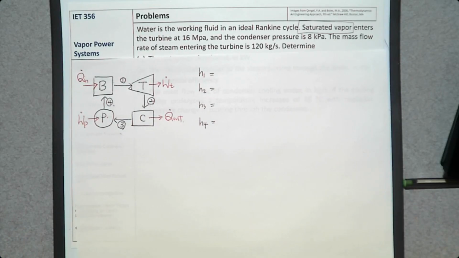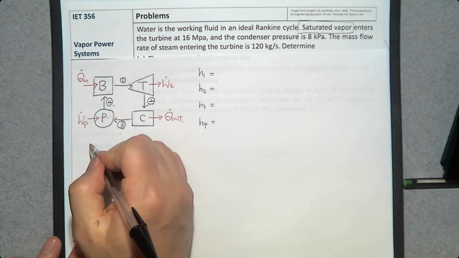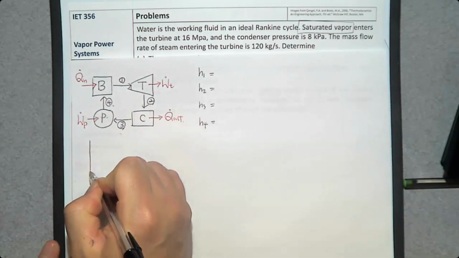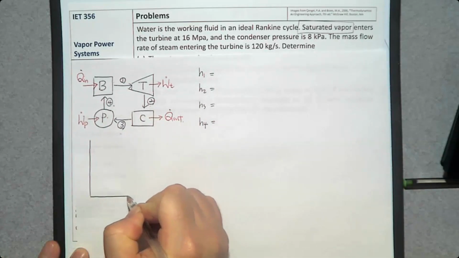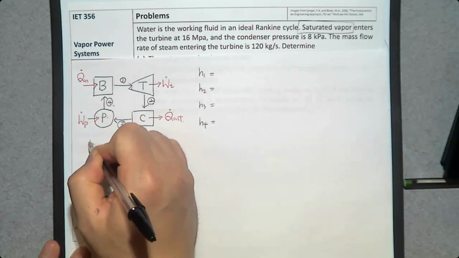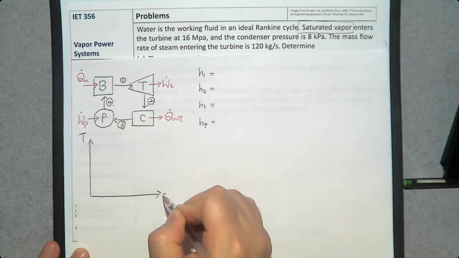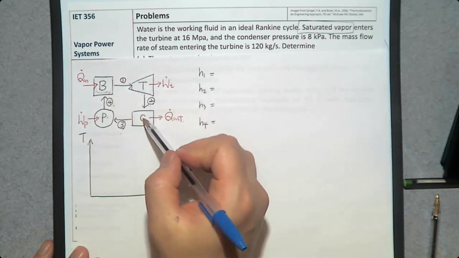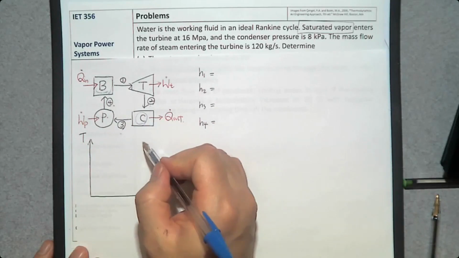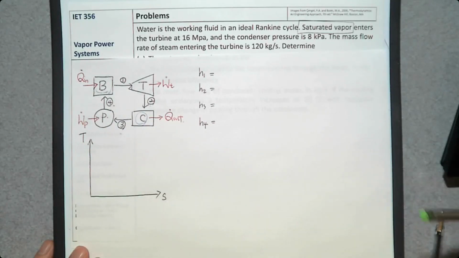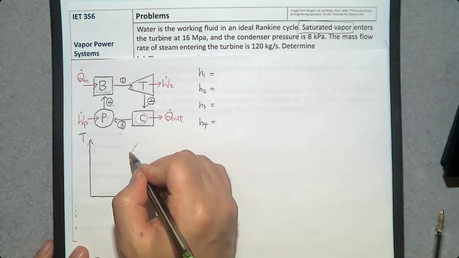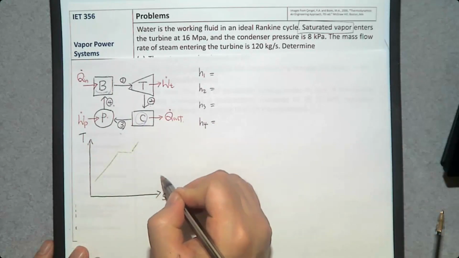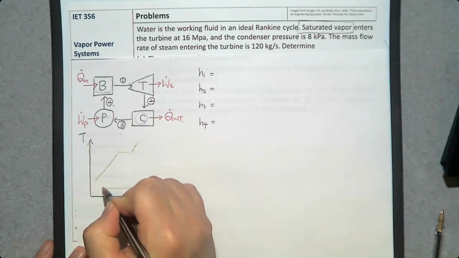Before we go forward, it is convenient to use a TS diagram, and since we already studied the TS diagram, why don't you make one? How many pressure values? We know boiler pressure and condenser pressure. So there's a boiler pressure pretty high, and we have a condenser pressure pretty low.